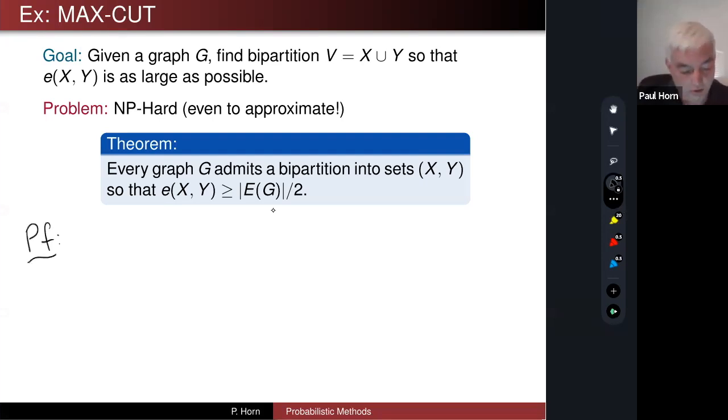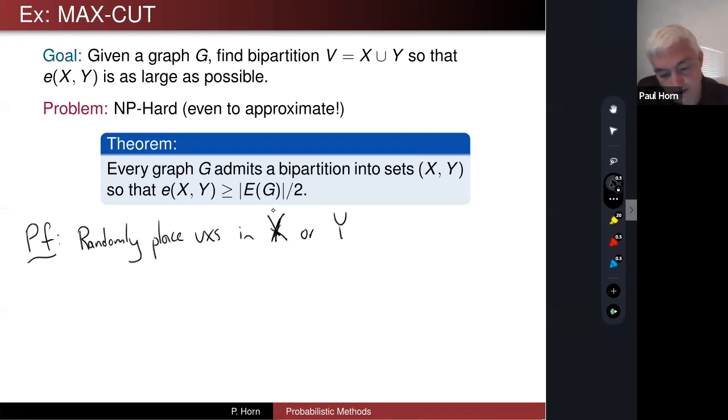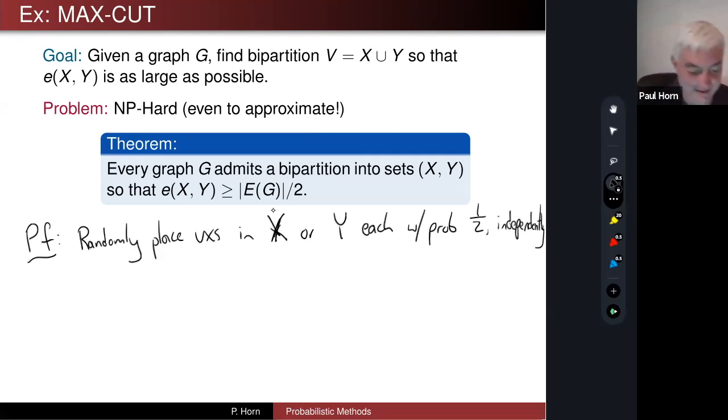All right, so I'm going to randomly place vertices in X or Y, each with probability 1/2, and independently. I promise. All right, so I just flip a coin. If it's heads, I put a vertex in X. If it's tails, I put it in Y.